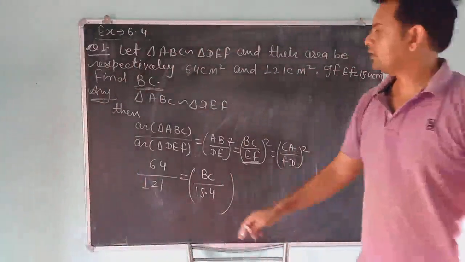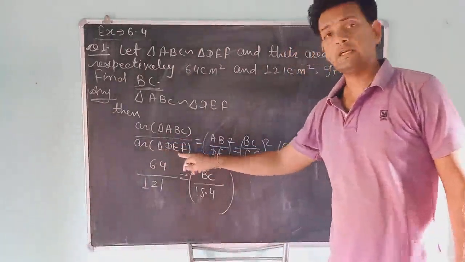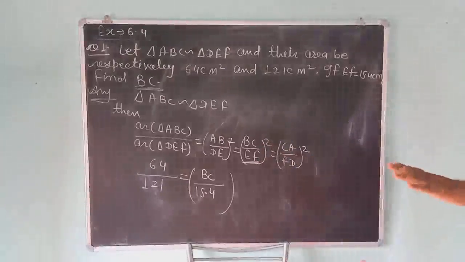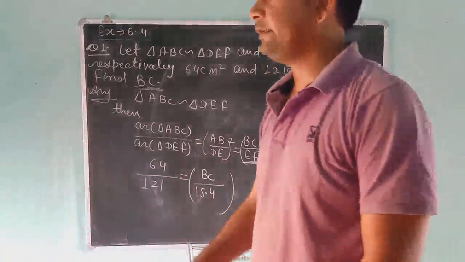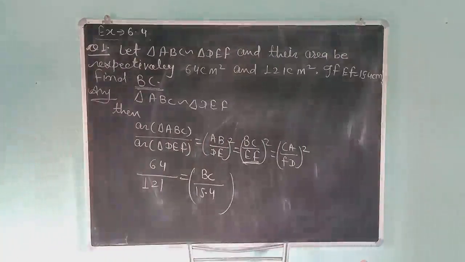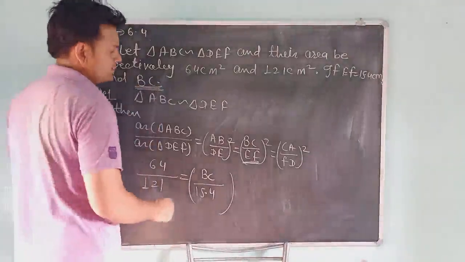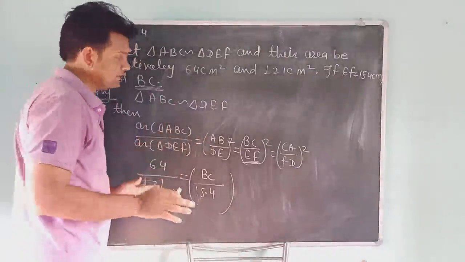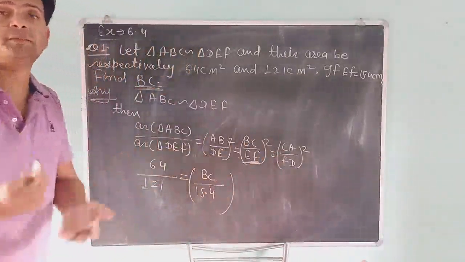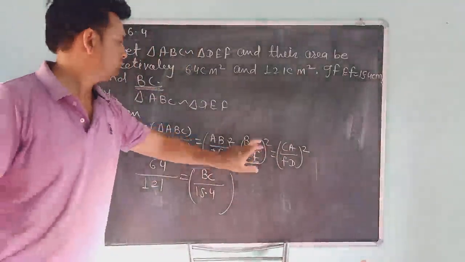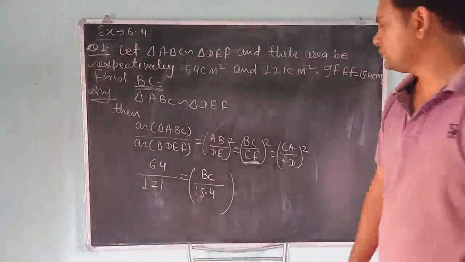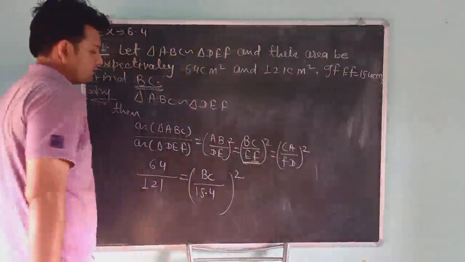You will take only area of triangle ABC upon area of triangle DEF and BC upon EF whole square, because we have to find only the value of BC. Here there is not BC, so where is BC? This is the BC. And here is also square, so I will write here also square.